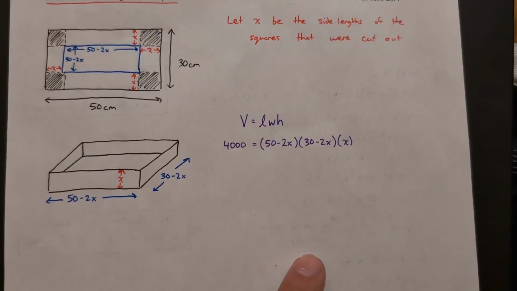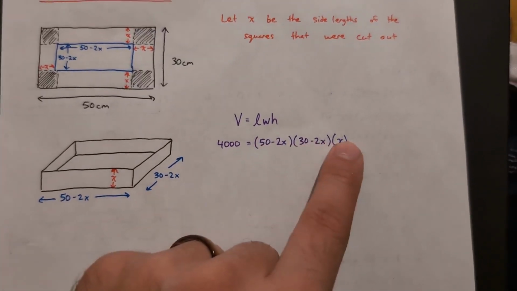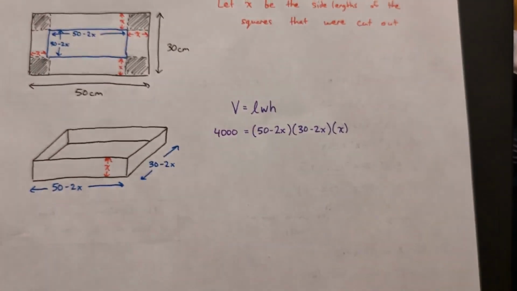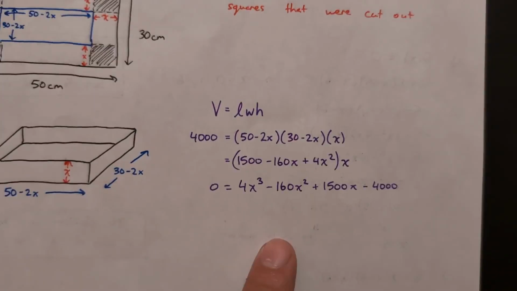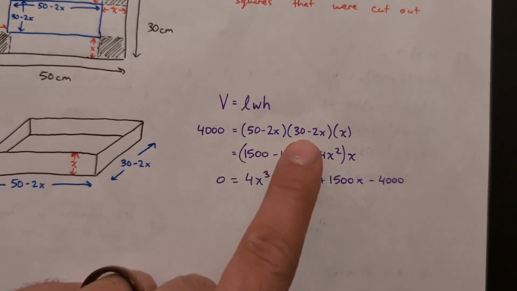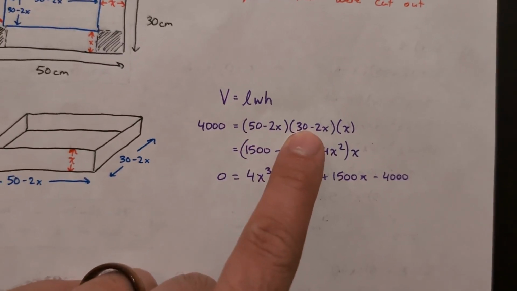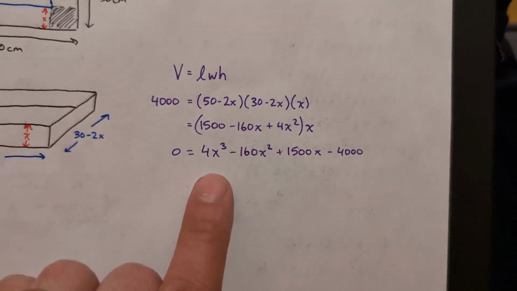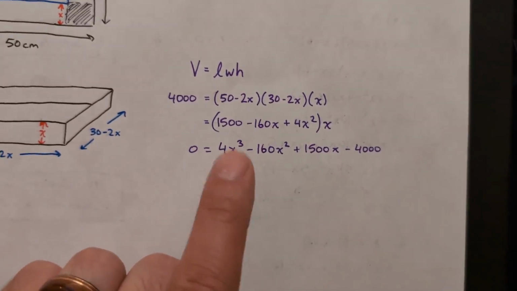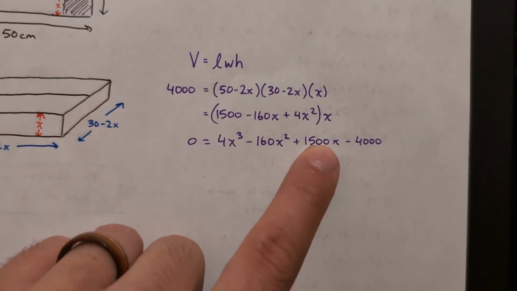Just like we did on the other side, we're going to expand this out and move everything over to one side so that we have an equation equal to 0. I multiplied these two terms together, and then as I multiplied by x, I reordered things from highest degree to lowest.